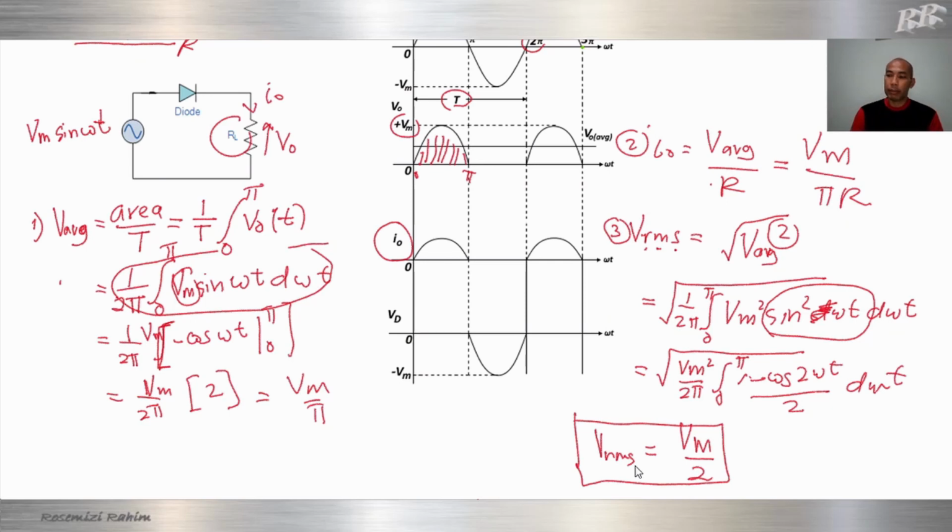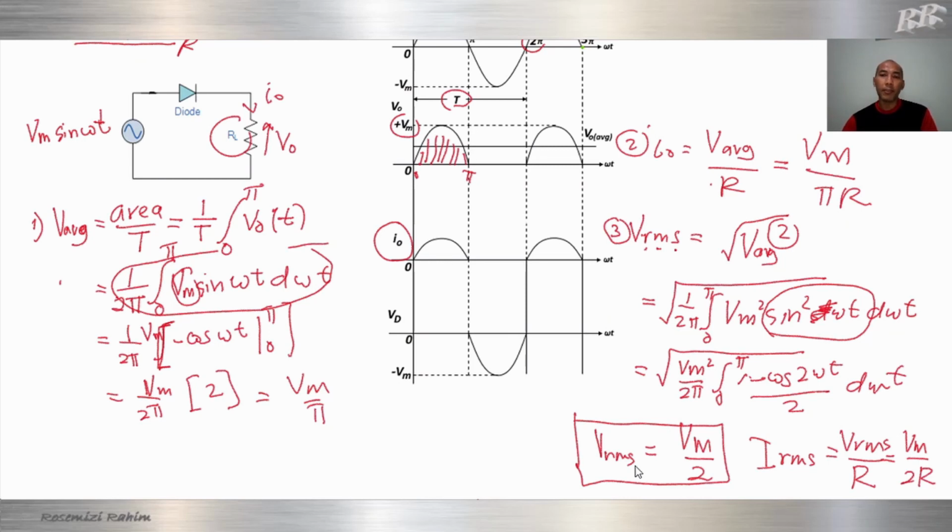Number 3. Number 4 is IRMS. IRMS is just equal to VRMS divided by R. In this case, Vm divided by 2R.